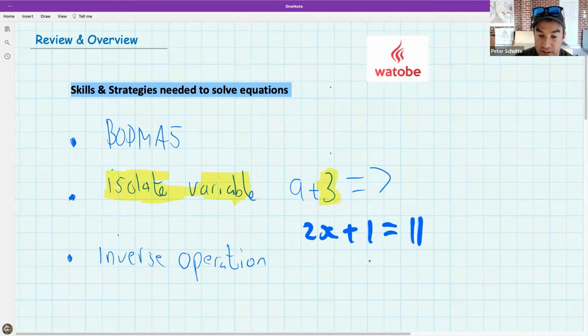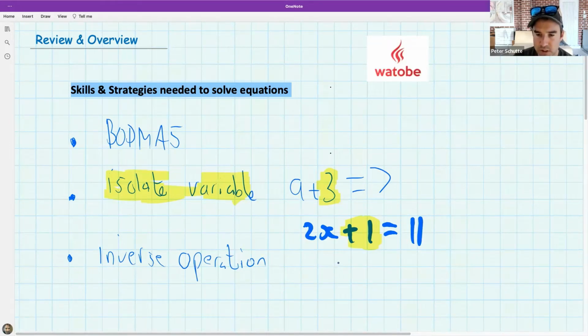Okay, but now I love your example, but I want to point out that you're on the right track with the dividing by 2, but something is catching my attention. What about this plus 1? Oh, we minus 1. Oh, okay. So first we need to minus 1. And why is it minus 1 you're choosing? Because we have to use inverse operations. Okay, and the inverse operation of plus 1 is minus 1.